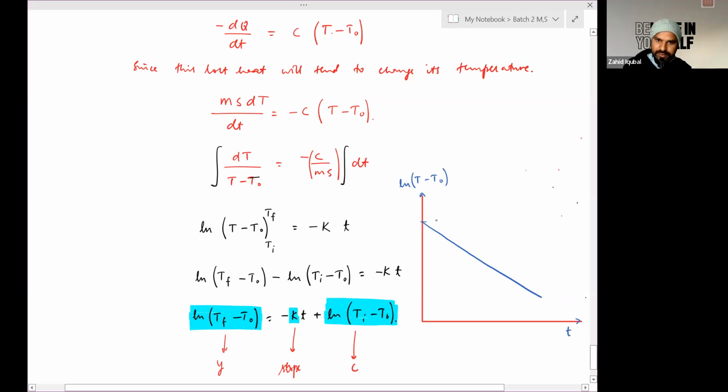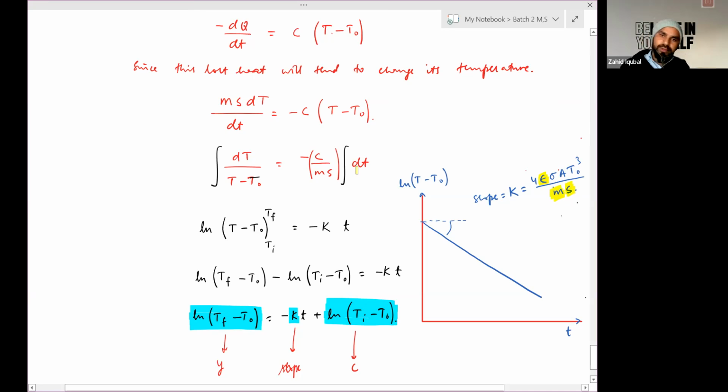Now, you'll be asked to define the slope of this particular curve. Here, the slope is equal to K, which is equal to C by M into S. C was 4 epsilon sigma A T naught cubed, divided by M into S. So related to this expression, you will say this slope depends upon epsilon, that is emissivity, the mass of that particular object, as well as specific heat.